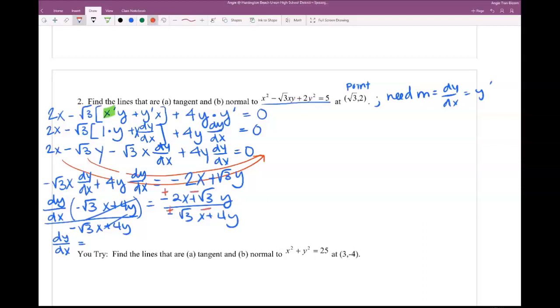Now I would have positive 2x minus radical 3y all over positive radical 3x minus 4y.